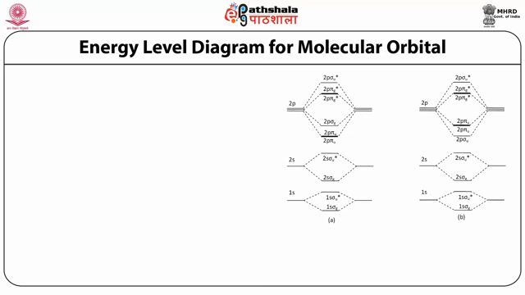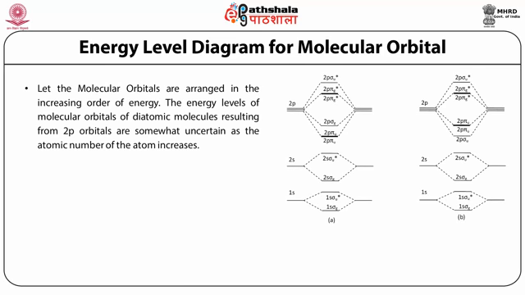Energy level diagram for molecular orbital. Let the molecular orbitals be arranged in increasing order of energy. The energy levels of molecular orbitals of diatomic molecules resulting from 2p orbitals are somewhat uncertain as the atomic number of the atom increases.